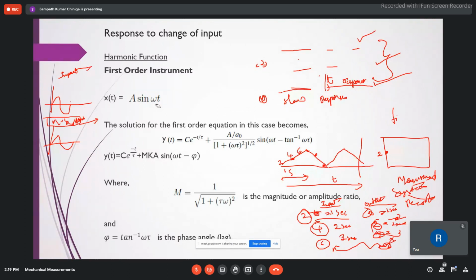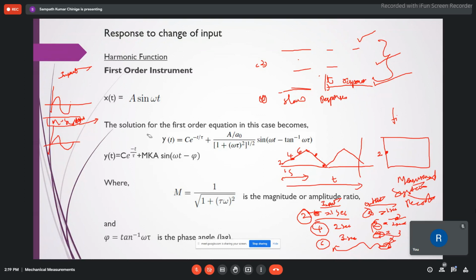Okay. So the solution for the first order equation in this case, with this input, you have written a_n d^n x/dt^n. If you take that expression, the final one is a1x.